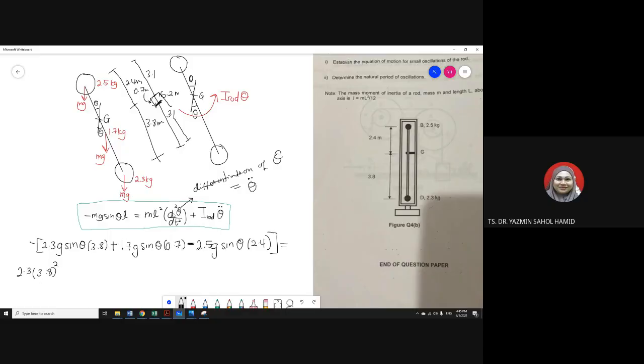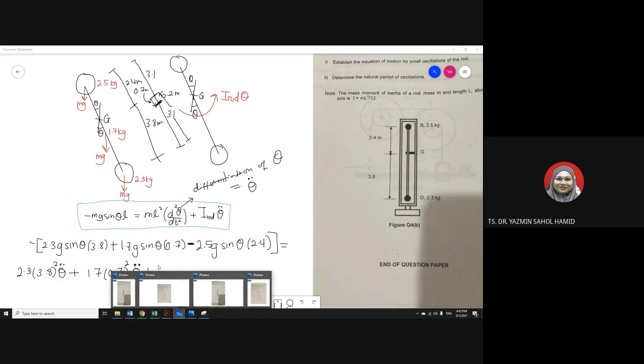And then as I mentioned, d squared theta over dt squared, we can assume as theta double dot, plus 1.7 multiplied by the length, sorry, not the total length, 0.7 squared multiplied by theta double dot, plus 2.5 multiplied by its length 2.4, don't forget to square, and then theta double dot.